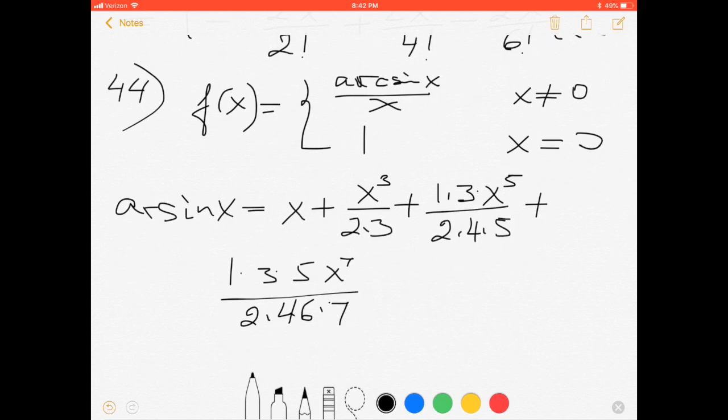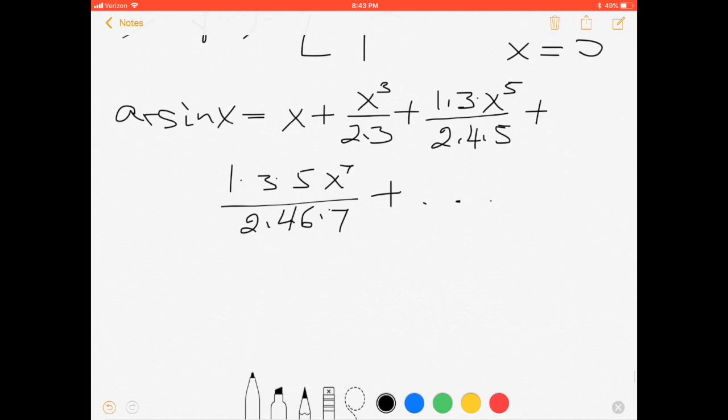Okay, here I took it from the table. You don't need to remember. What will be arcsine x over x?